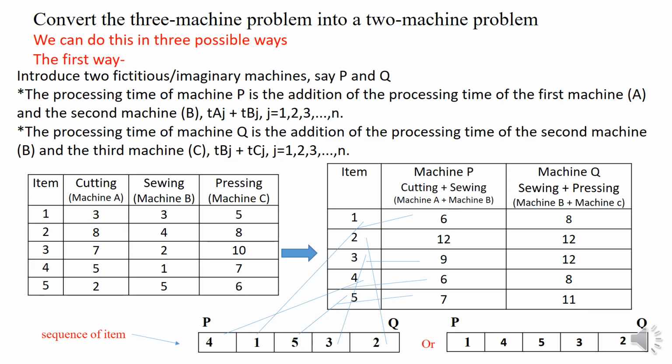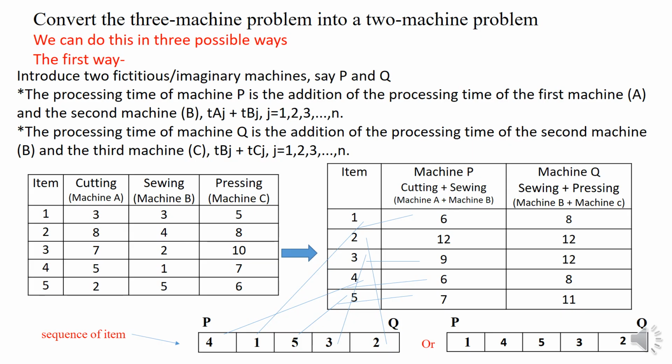Then we can place job 5 on that side. Why? Because for job 5, the processing time 7 is the next minimum processing time among them, and it is the minimum processing time of machine P. Then we can place 3.